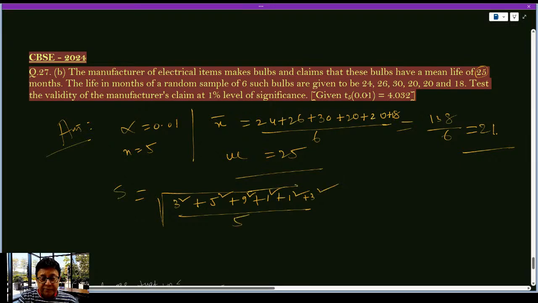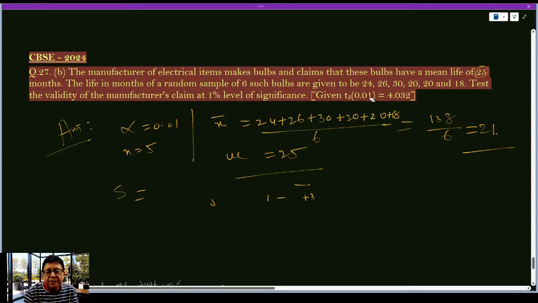Let me calculate this. 1 square, 3 square, 5 square, 1 square. One mistake I got there, extremely sorry.